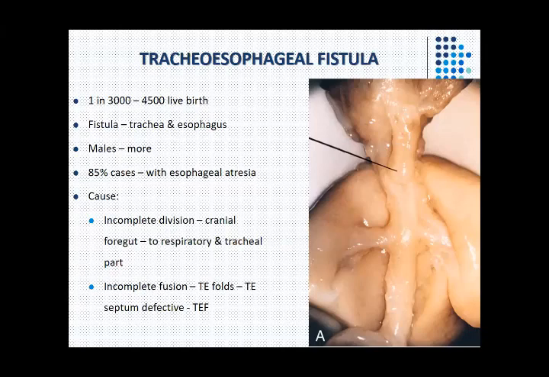Males are more affected compared to females. The commonest type of tracheoesophageal fistula is associated with esophageal atresia: the esophagus ends over here, and the lower end of the esophagus communicates with the trachea.